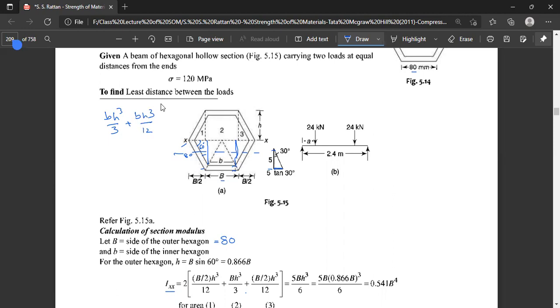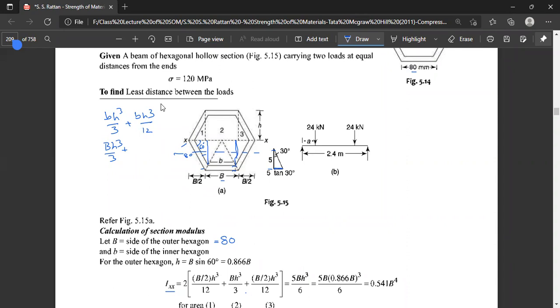Now, here the base constant is equal to this b, that is bh cube divided by 2, plus here the base is equal to half of this width, because in this case we have to do the cos 60 degree, which is half.